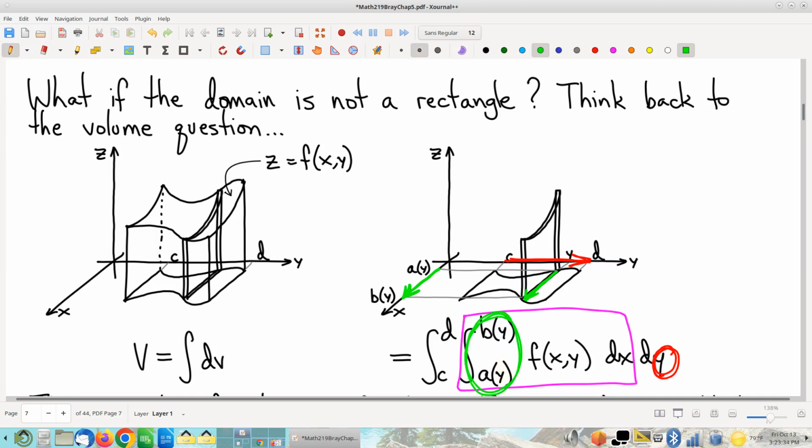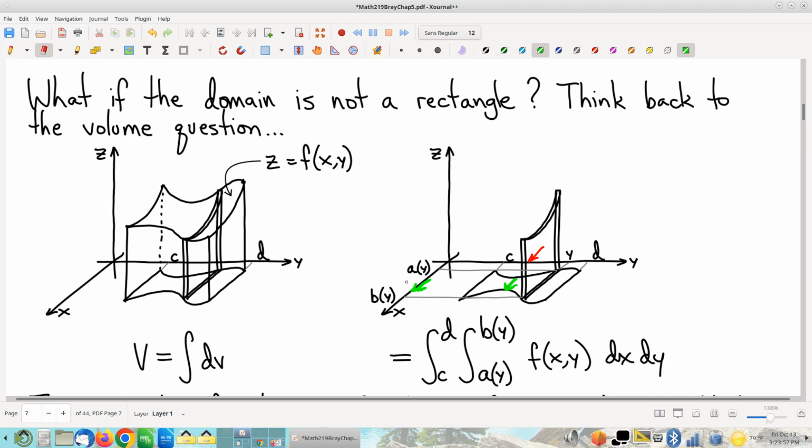But for a different value of y, let's suppose I looked instead at this value of y right there. Well, then the little slice of bread would be thinner. And so the x bounds as functions of y would be different.